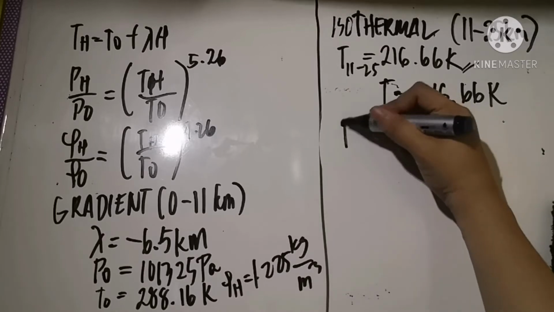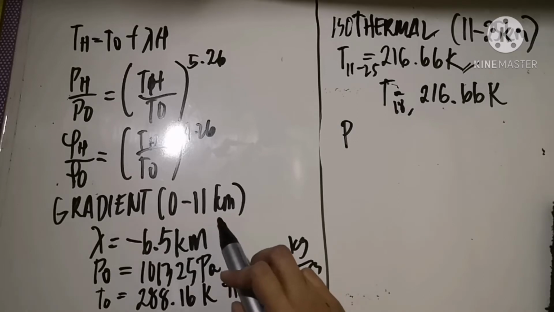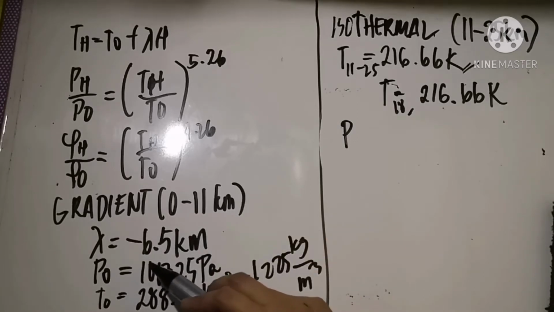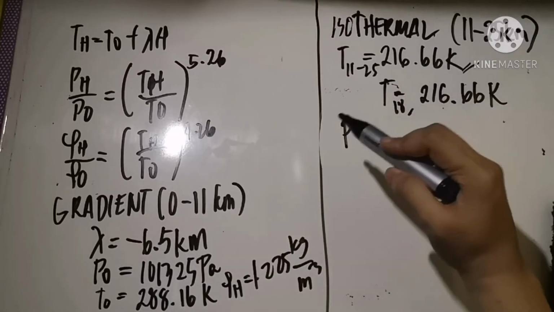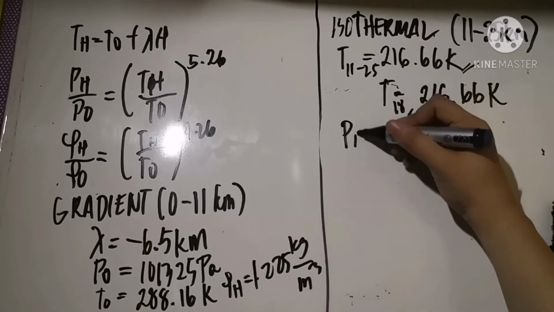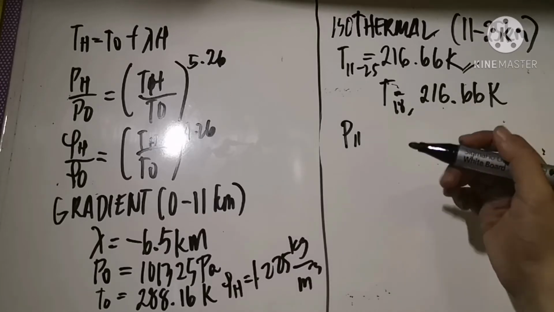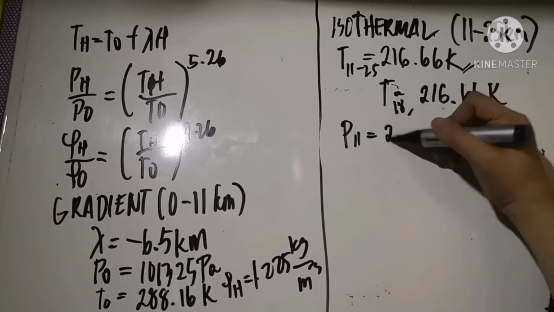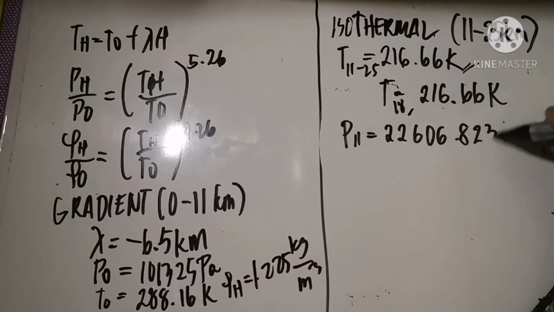Pagdating naman sa pressure, kung sa gradient region na 0 to 11 kilometers ang initial mo or nag-start ka sa SSLC, pagdating dito sa isothermal region, mag-start na yung pressure mo at 11 kilometers. So, kailangan alam mo yung pressure at 11 kilometers, which is na-solve natin sa last video na equal to 22,606.8233 pascals.